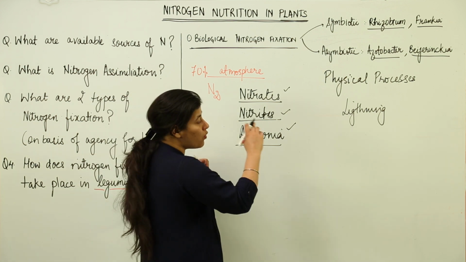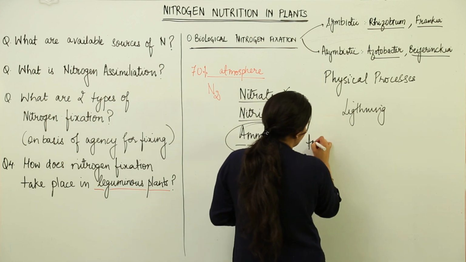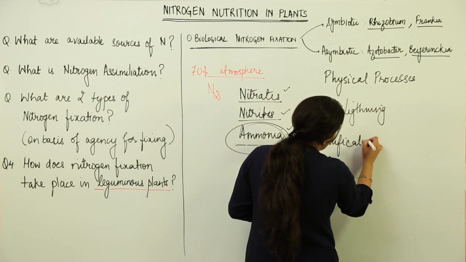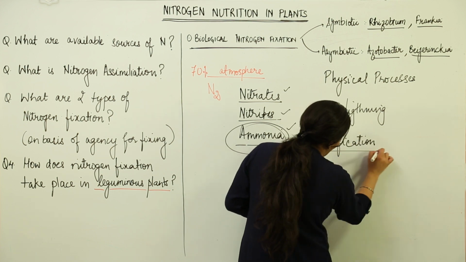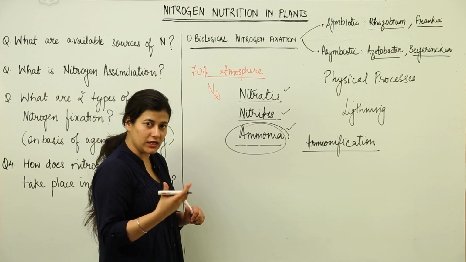Apart from that, ammonification is taking place. Ammonification is the process in which ammonia is added to the soil, and that takes place in the process of decomposition which keeps on taking place in the soil.